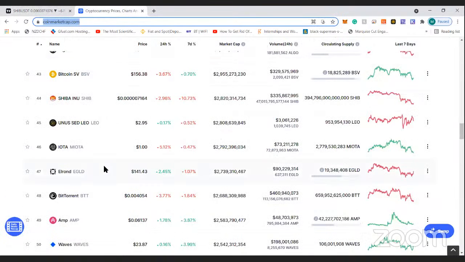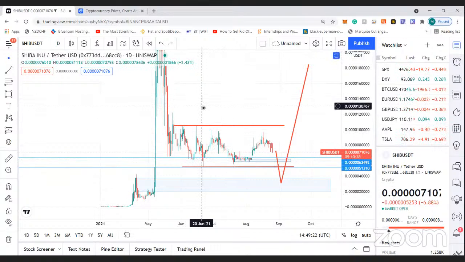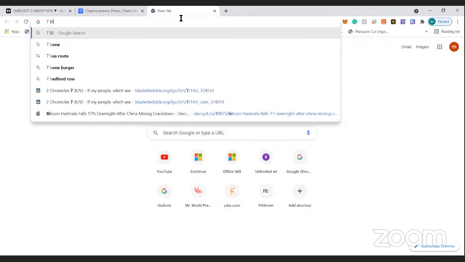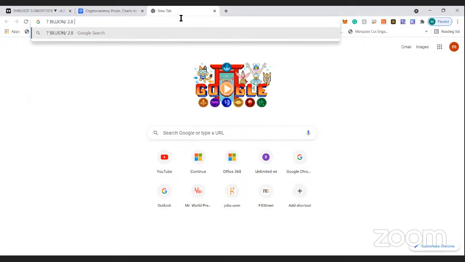All right, Shiba Inu, where is it right now? It has $2.8 billion worth of money inside of this system at the moment, which is a lot of money. If we put that into perspective, everybody in the world has at least, I'm going to do the calculation quickly. So 7 billion people in the world roughly, divided by 2.8 billion.